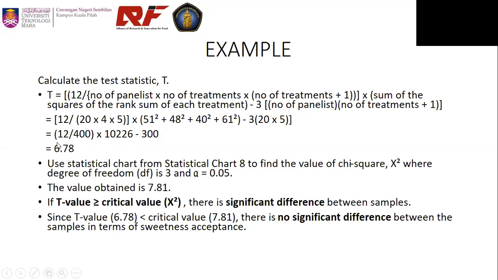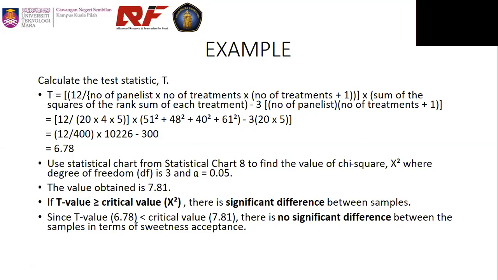Now we look at here, the T value is 6.78, which is less than the chart value of 7.81. So if the T value is higher than the chart value, there is a significant difference, but if the T value is less than the critical value, there is no significant difference.